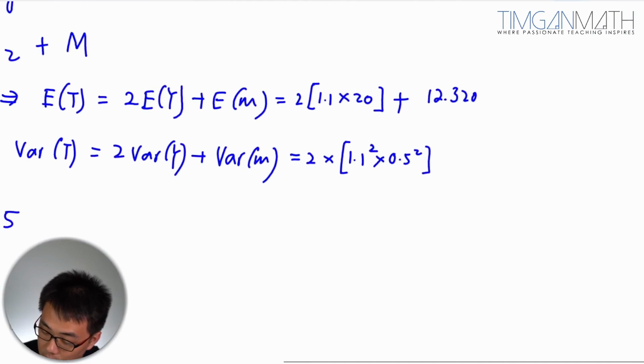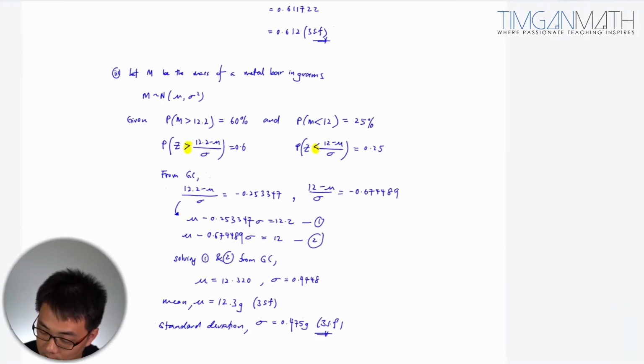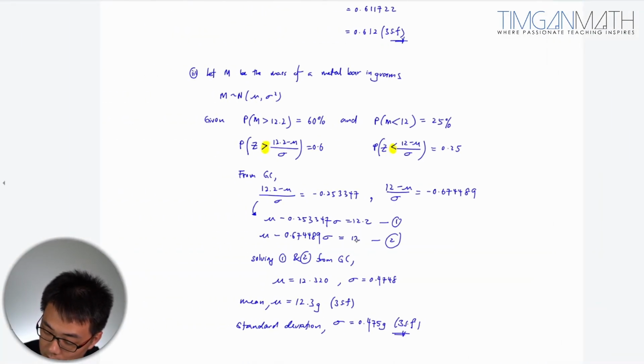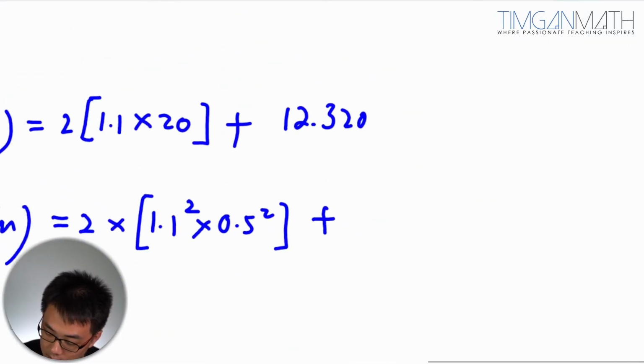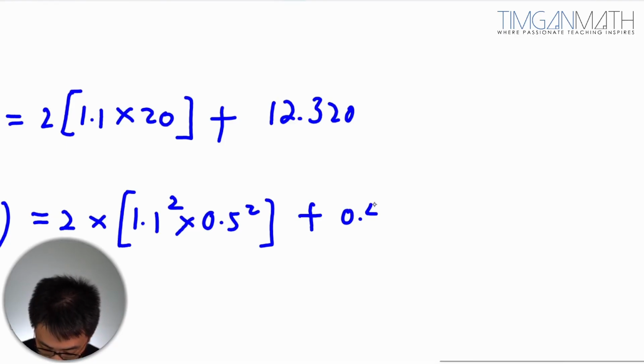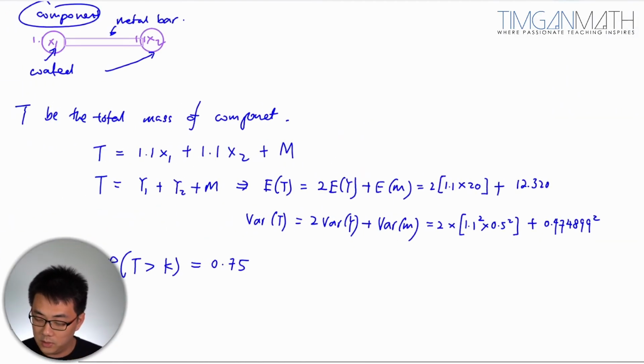Then after which you have variance M. Variance M will be this sigma over here, which is 0.474899 squared. Okay, so just key this in.